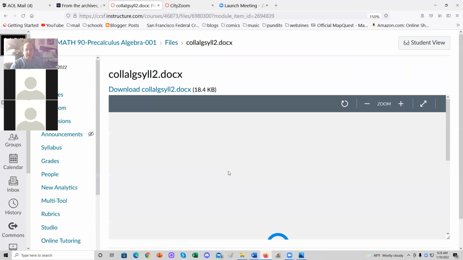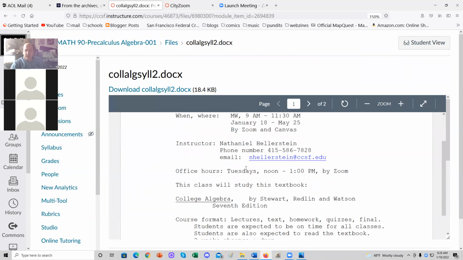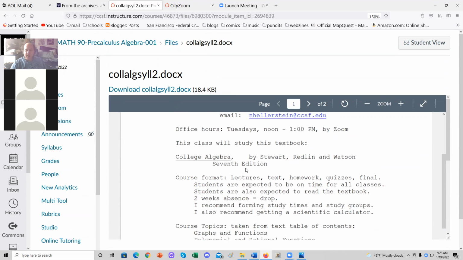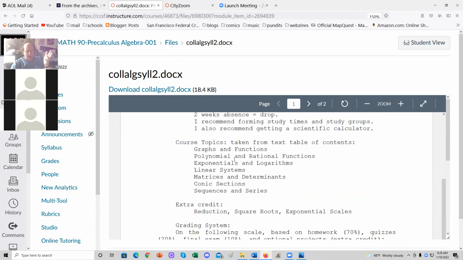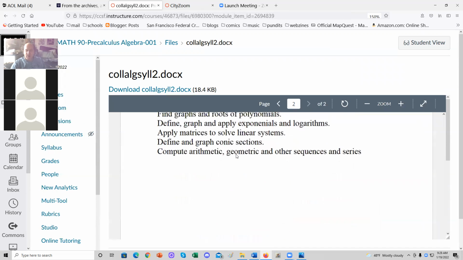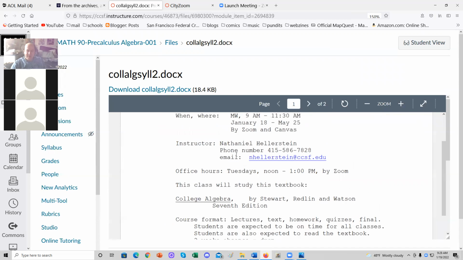Right. Syllabus. Here's a syllabus for this course. This is what I used to hand out in the before times, when I handed out pieces of paper bearing this. There's a name, when, where, my name, my contact info, office hours, saying more or less what I have in the rest of this. But if you wish, here's a scale. Here's a bunch of bureaucratic stuff that the administration insists I put on the handout.